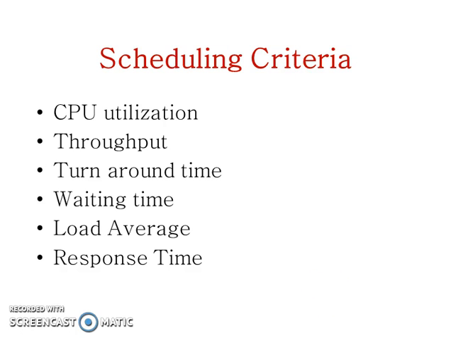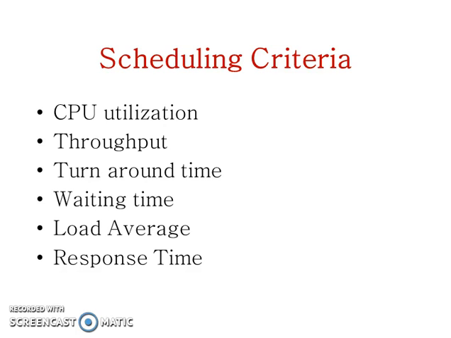Now let's look at the scheduling criteria. There are many different criteria to check when considering the best scheduling algorithm. Let's see these criteria one by one. CPU utilization. To make the best use of CPU and not to waste any CPU cycle, the CPU should be working most of the time.